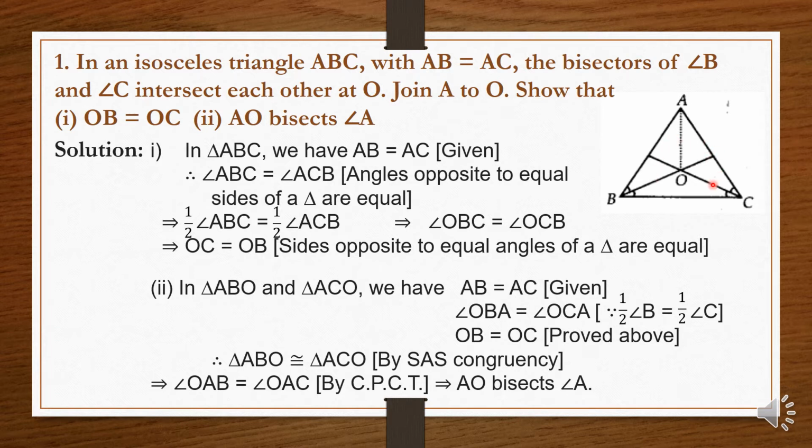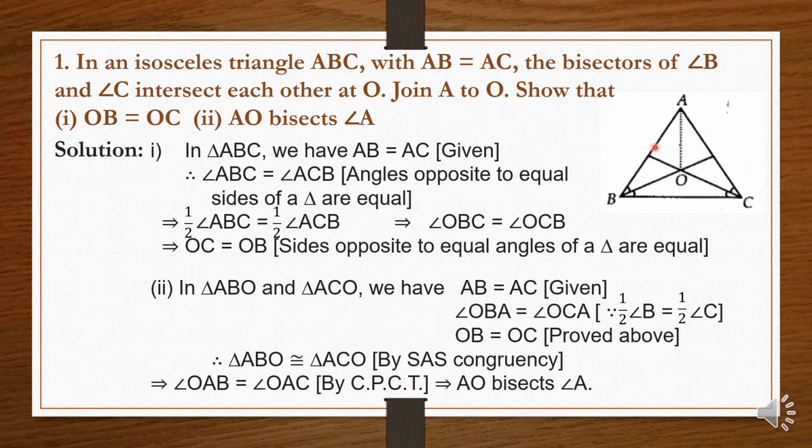Why are we choosing these two triangles? Because the side AO is common to both the triangles. So if we can prove that these two triangles are congruent, then we can use the corresponding parts of congruent triangles, and we can prove that AO is actually bisecting this angle A.